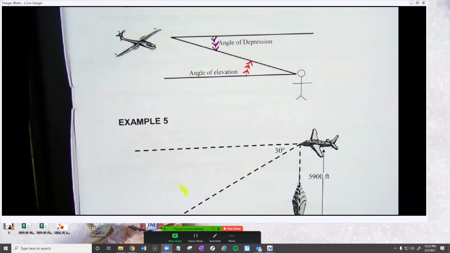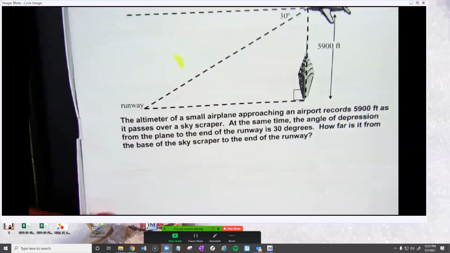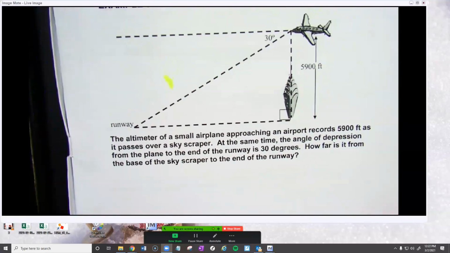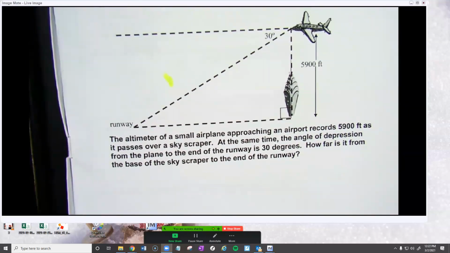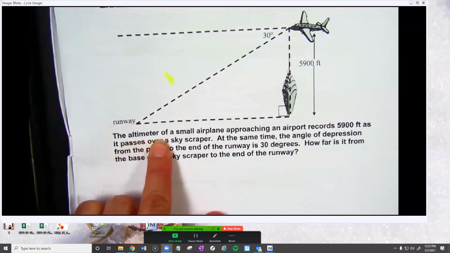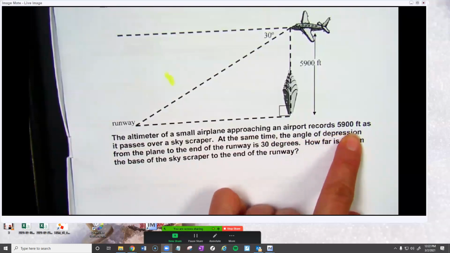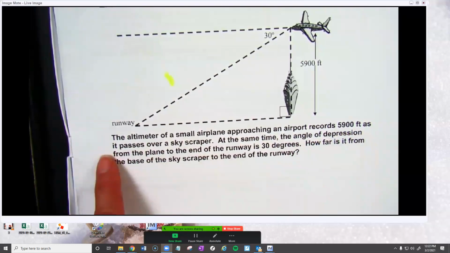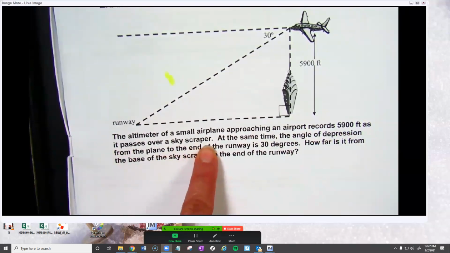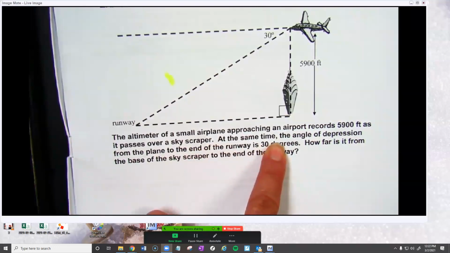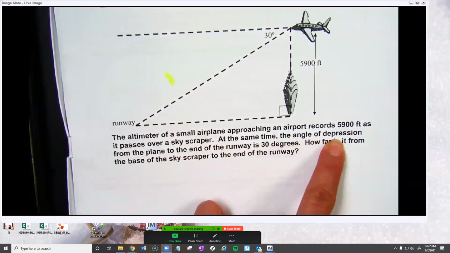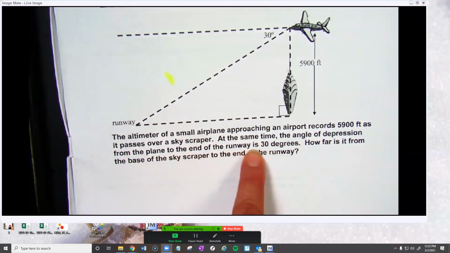All right, let's take a look at example 5, our very last one. Looks like we got an airplane. So here we go. The altimeter of a small airplane approaching an airport records 5,900 feet as it passes over a skyscraper. At the same time, the angle of depression from the plane to the end of the runway is 30 degrees.